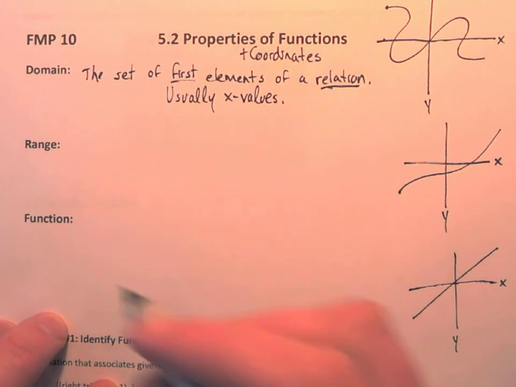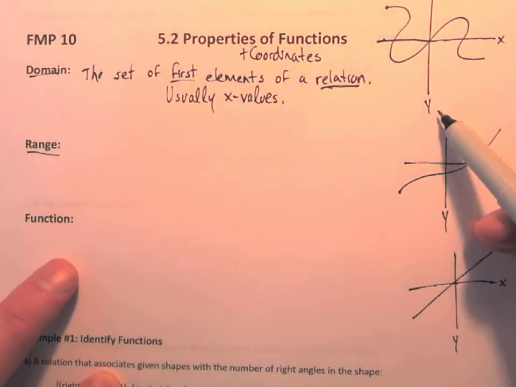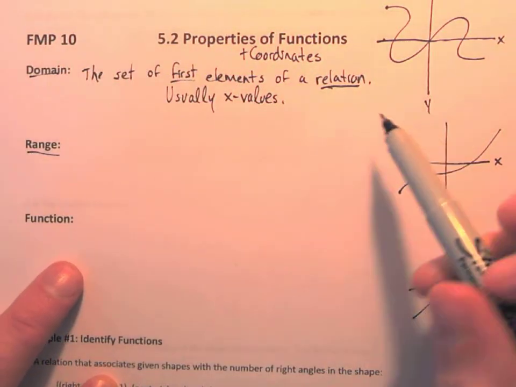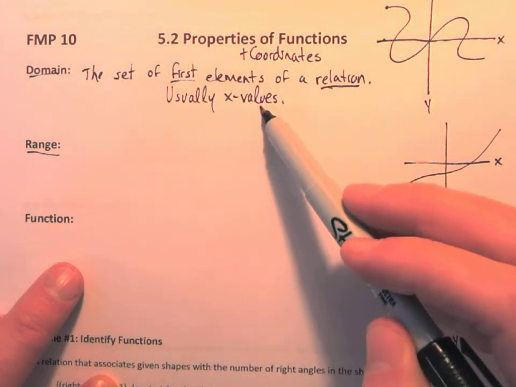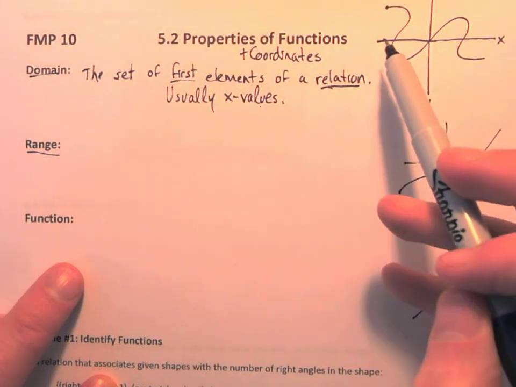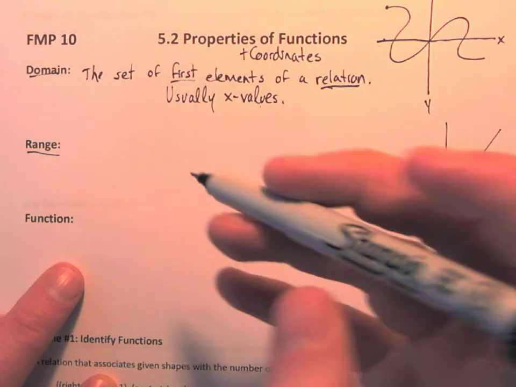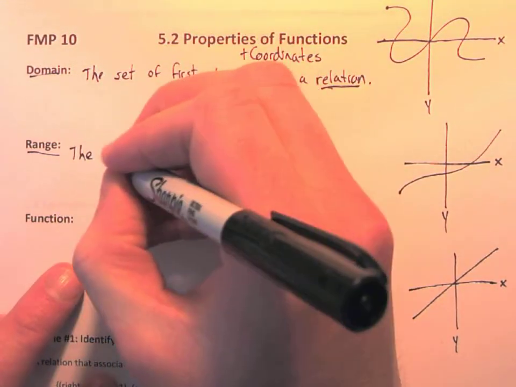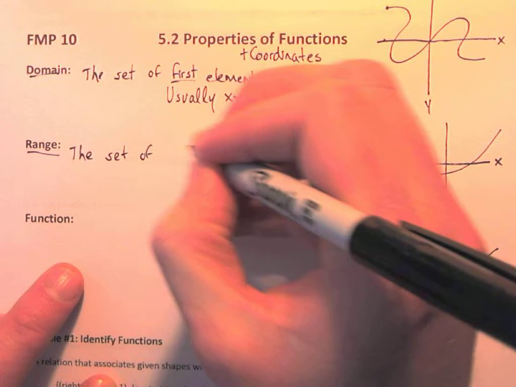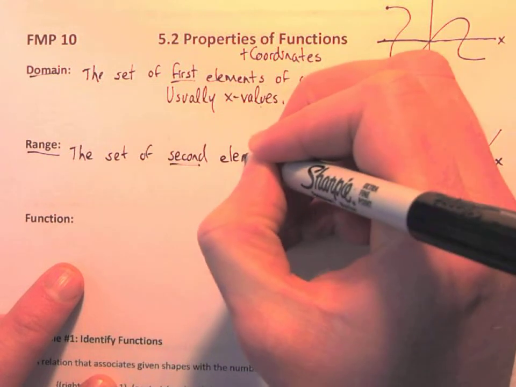All right, so now let's go into range, the second piece. You can guess it's going to be the y value that corresponds after that. So this is all the x values of the graph. You can see that they use up all the x values that you can see. The range is the set of second elements.